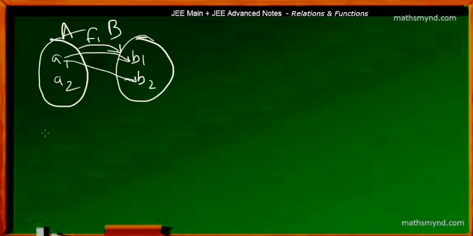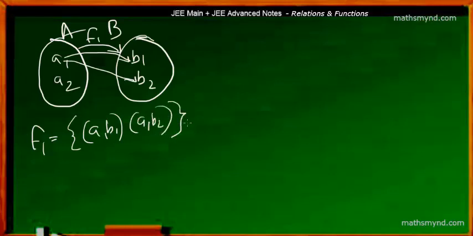So here the ordered pairs are naturally A1, B1 and A1, B2. Such a thing is not allowed because a single element of A can have only a single B image. So two images in set B is not allowed, and more than that, the second element of A is not participating in the function. Because of these two points, F1 is not actually a proper function.